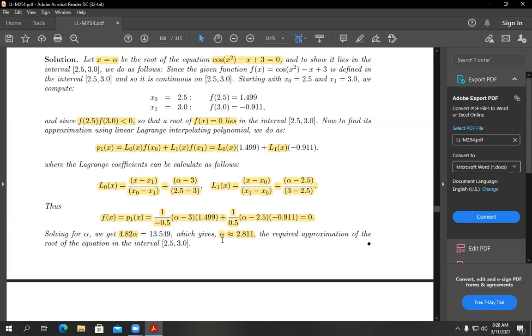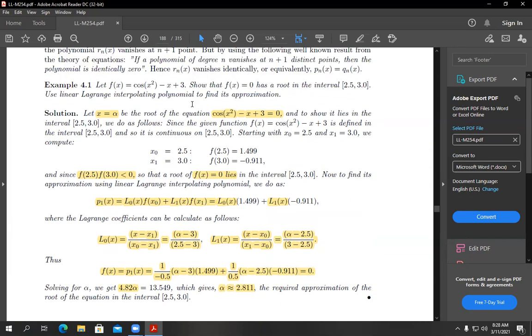Find the alpha. Alpha is what? 2.811. Then the second part, which is not given here, maybe in the exam I give you like this. First part is find x. X means alpha, right? Find x with the help of linear approximation.